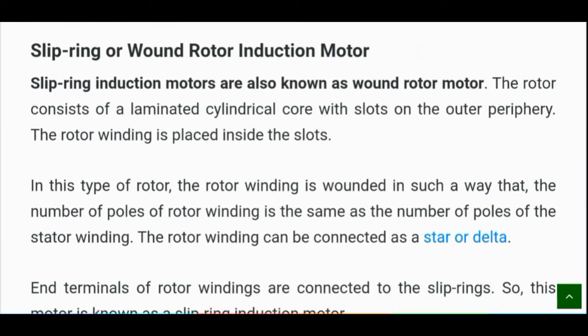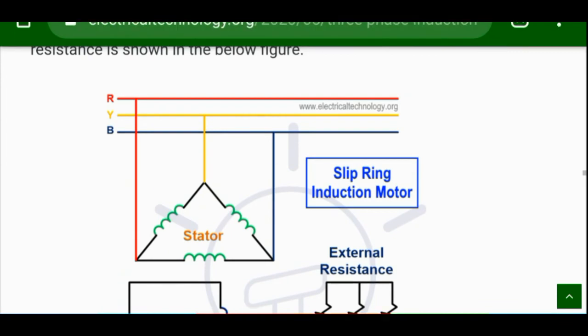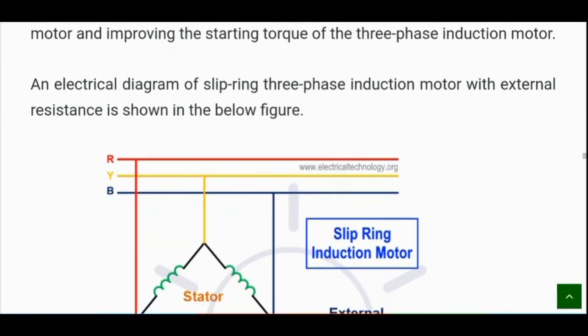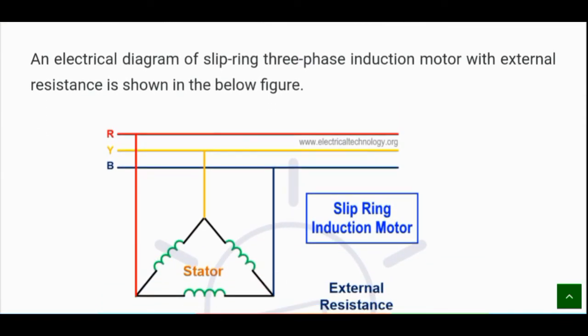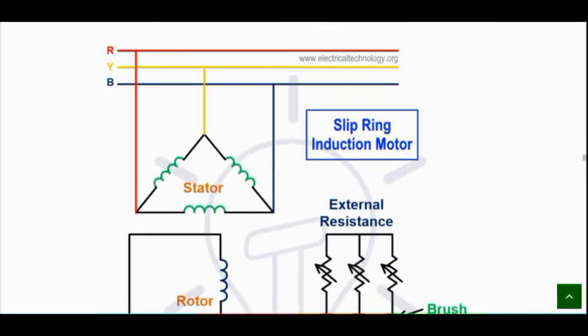And slip ring or wound rotor induction motors. Slip ring induction motors are also known as wound rotor. The rotor consists of a laminated cylindrical core with slots on the outer periphery. The rotor winding is placed in the slots. The electrical diagram of a three-phase slip ring induction motor with external resistance is shown here.